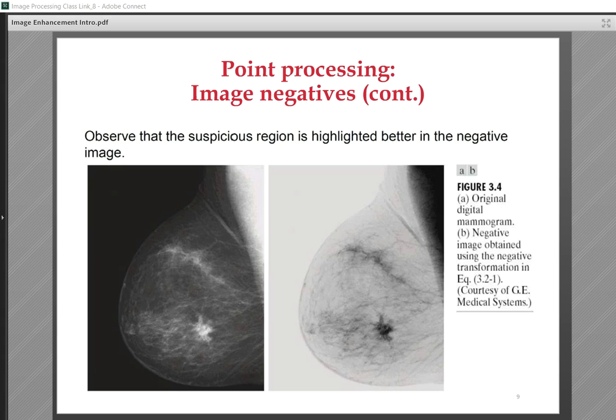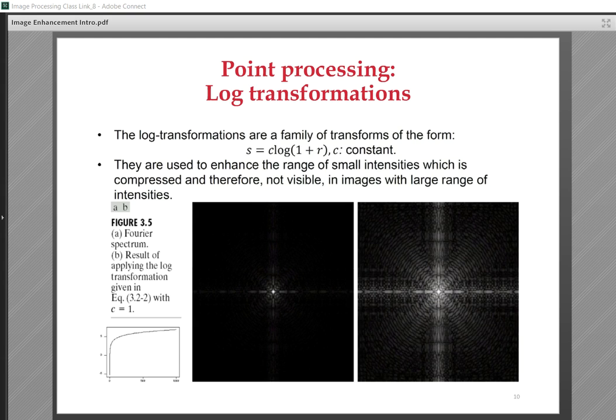A is the original digital mammography image, or mammogram, and B is the negative image obtained using the negative transformation. Okay, go to the next slide.